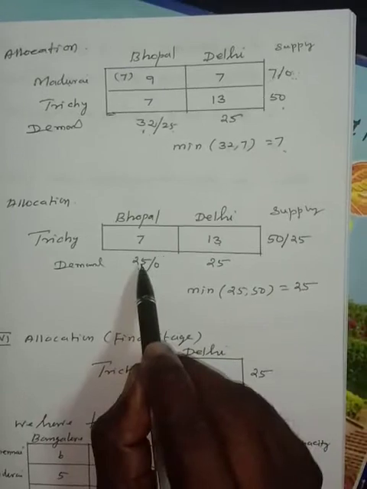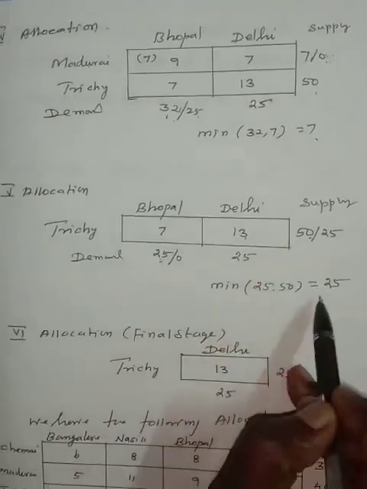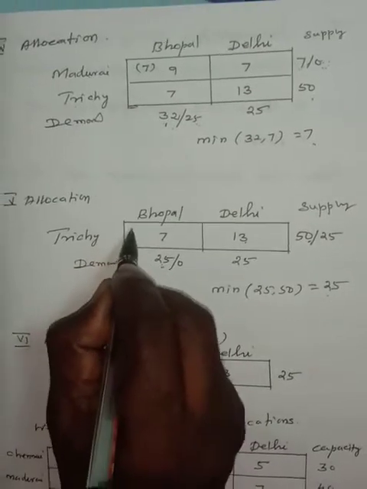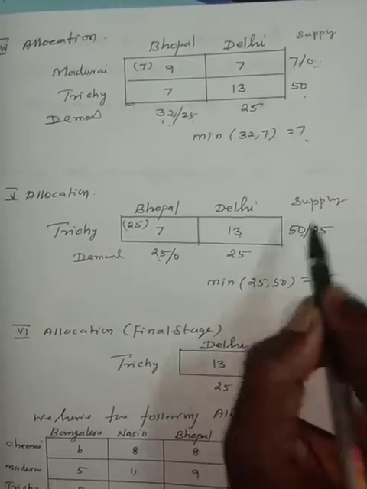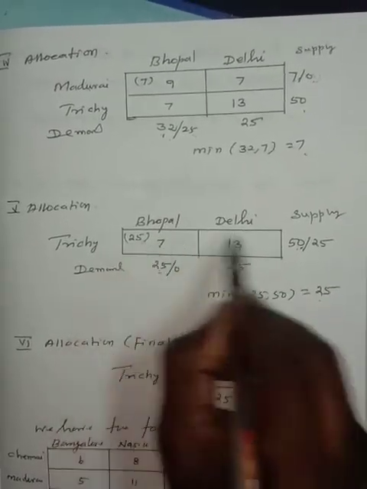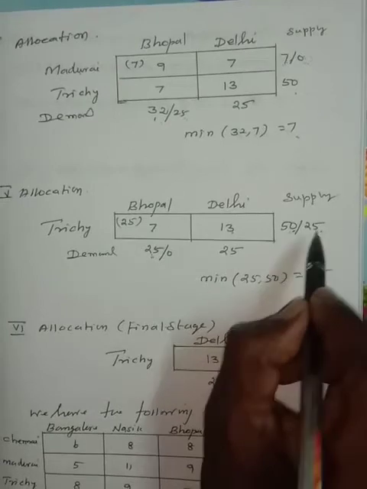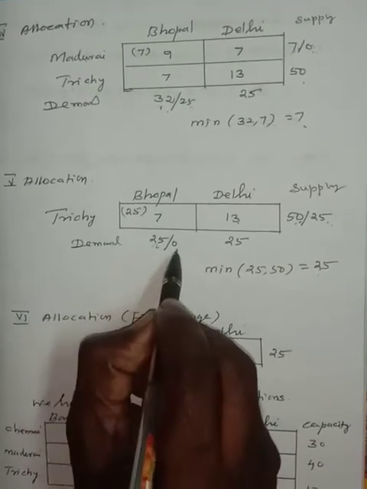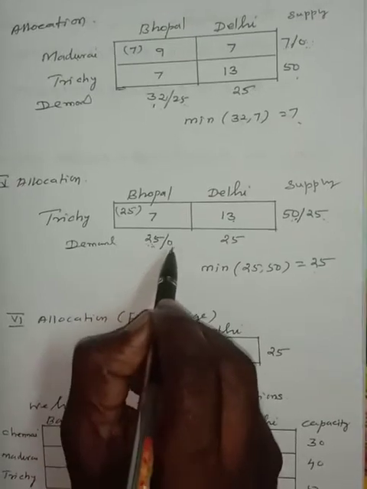Take 25 and 50. Minimum is 25. You have to put 25 in the first column. 50 minus 25 is 25, so 50 slash 25. 25 minus 25 is 0, therefore 25 slash 0 demand.